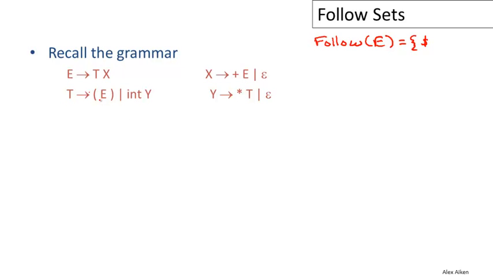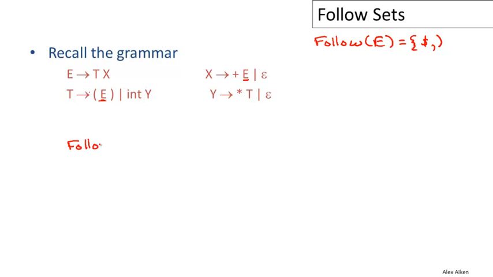So here is a place where E is used, and we can see that it is immediately followed by a terminal symbol, so certainly close paren is in the follow of E. And there's one other place where E is used, and that's over here, and it appears at the right end of a production, and so then we know that anything that's in the follow of X is also going to be in the follow of E, and that's a constraint, and so we'll write that down over here.